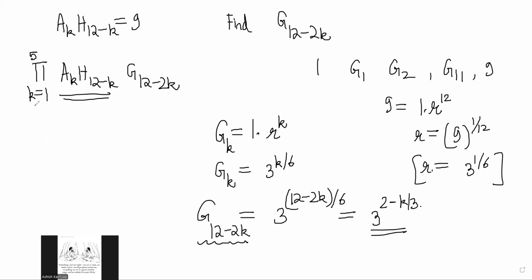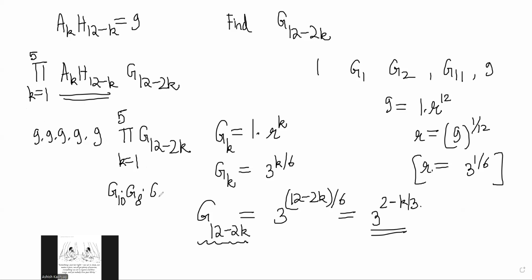So when you do the product, you'll get 9 into 9 into 9 into 9 into 9 for 5 different values of K. And then you're left with product of K goes from 1 to 5, G of 12 minus 2K, right? So this product is basically G of 10, G of 8, G of 6, G of 4, and G of 2. That is the product.